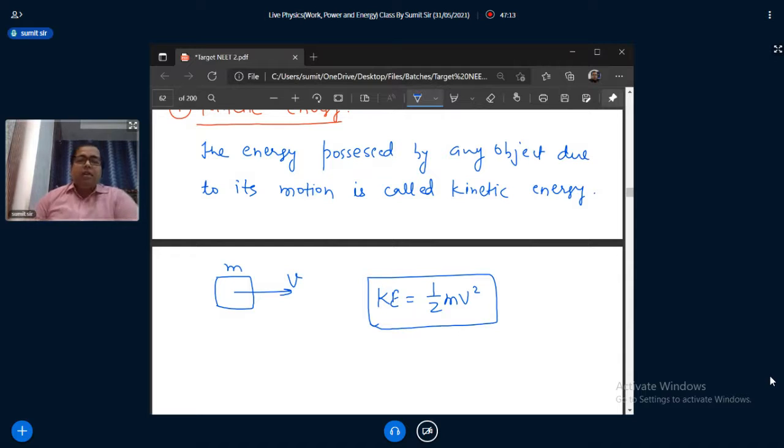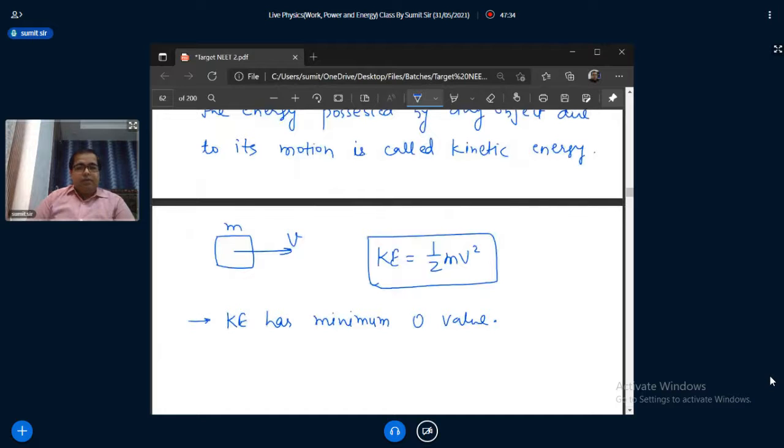So you can say kinetic energy has a minimum value of zero. It cannot be negative. Kinetic energy can never be negative. It is always zero or positive.